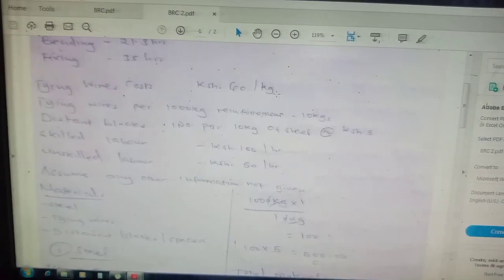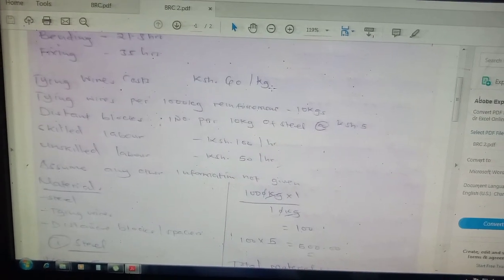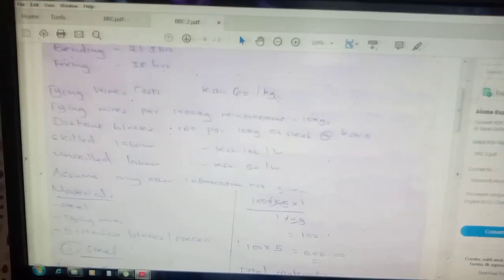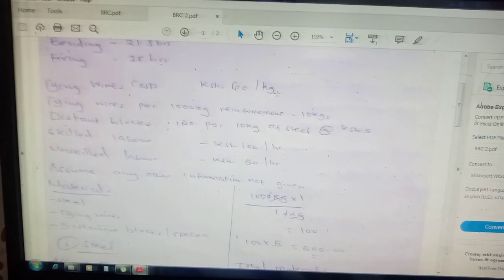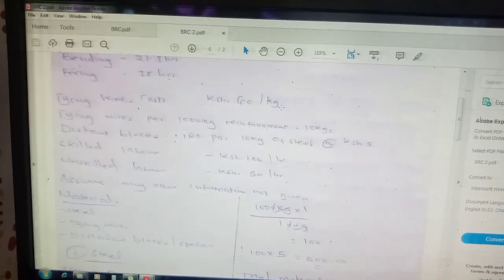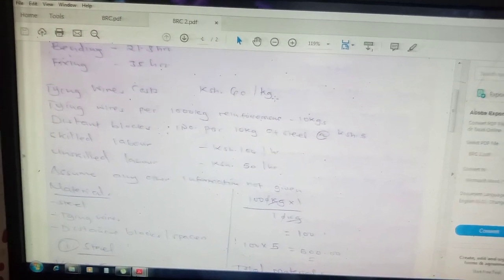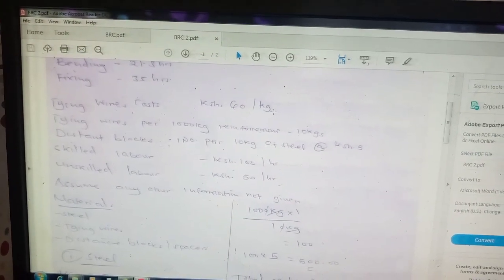Then the distant blocks, one number per 10 kg of steel, sold at 5 shillings. Then the skilled labor will be paid 100 shillings per hour. Unskilled labor will be paid 50 shillings per hour. Then assume any other information not given.